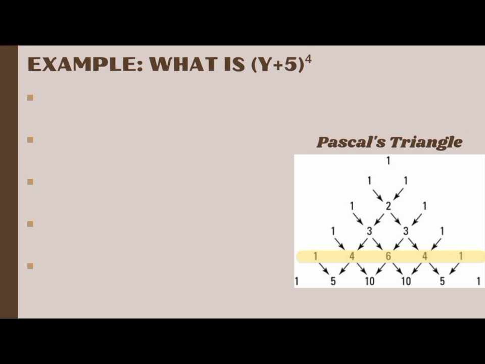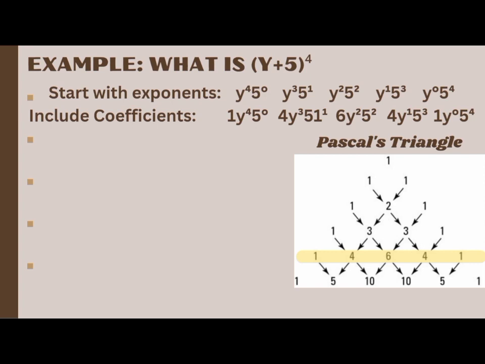Since the given power is 4, then y raised to the power of 4 times 5 to the power of 0. Then y cubed times 5 to the power of 1. Then y squared times 5 squared. Then y to the power of 1 times 5 cubed. Then y to the power of 0 times 5 to the power of 4.